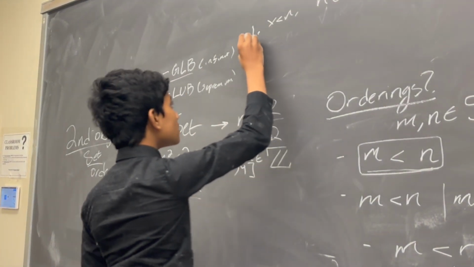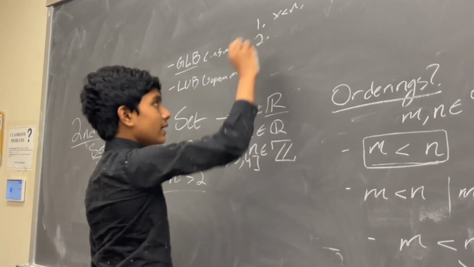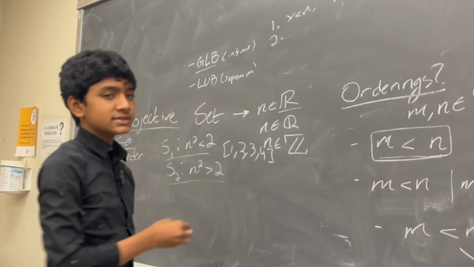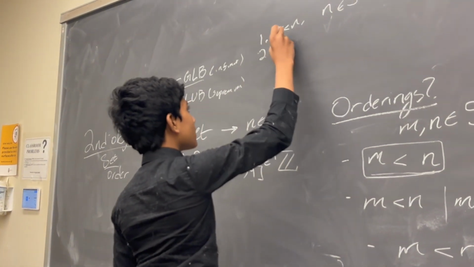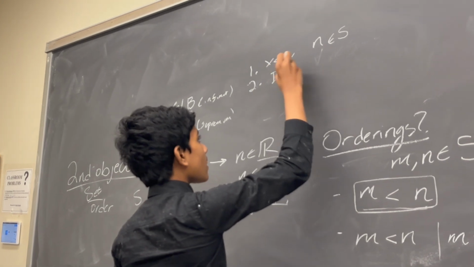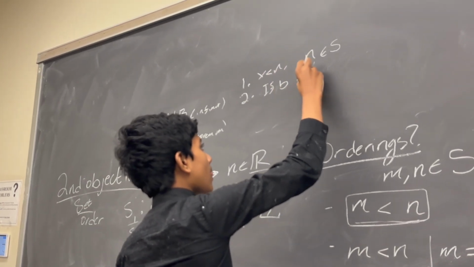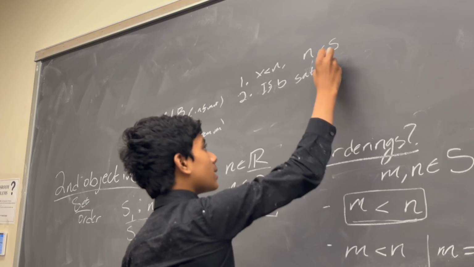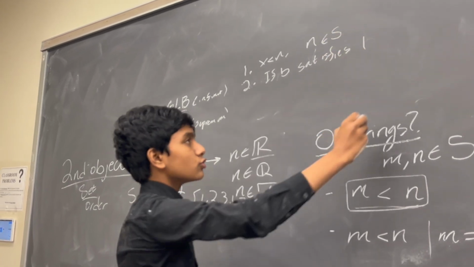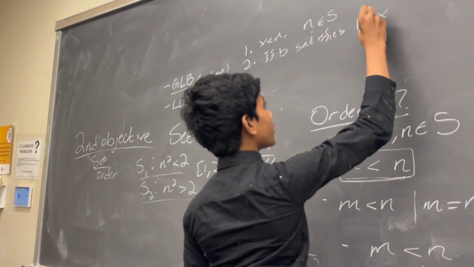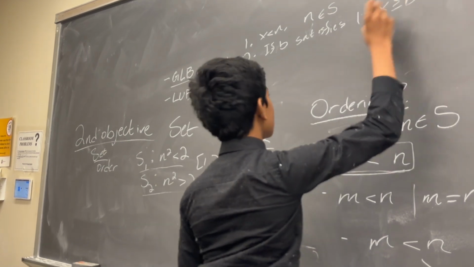And two, if there's another number that shares this property, if there's some number b that satisfies 1, x is greater than or equal to b.